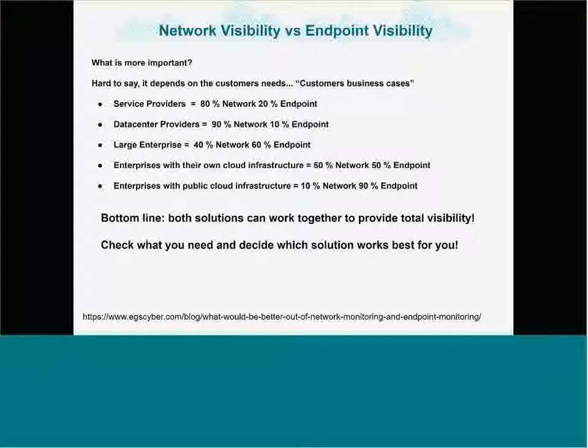An enterprise customer with a public infrastructure definitely doesn't need full network visibility, maybe 10% and 90% endpoint. That's the reason why we are focusing on service providers and data center providers. If a customer has their own cloud infrastructure, it's 50-50. It depends what the customer really wants to achieve.